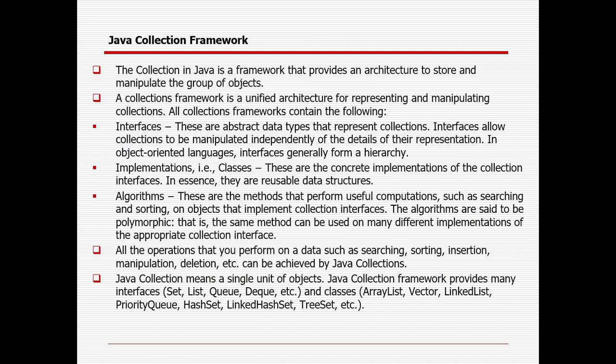But one problem with the array, as I mentioned when I covered the array class, you can refer to the videos again: once you fix the size of the array, it cannot be changed. Suppose during array definition you give the size as 3. If you give only 2 values, the other will take the default value of the data type.